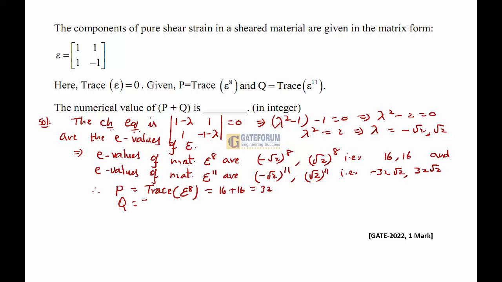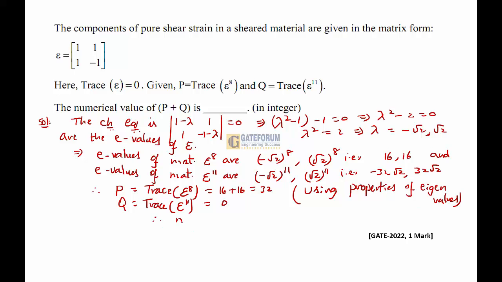Q is equal to trace of epsilon power 11. That is the sum of the eigenvalues of the matrix epsilon power 11, so it will become 0. All these use properties of eigenvalues. So P value 32, Q value 0.